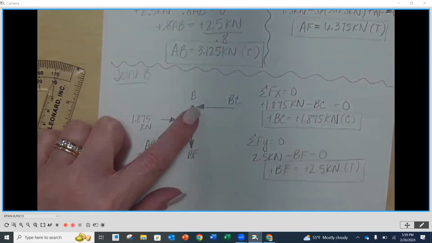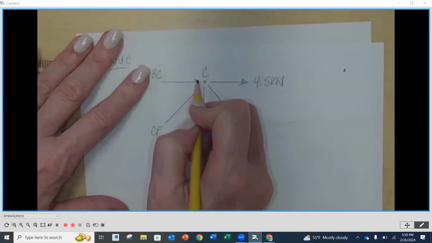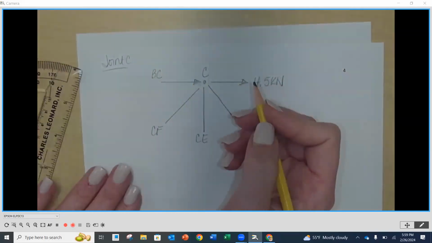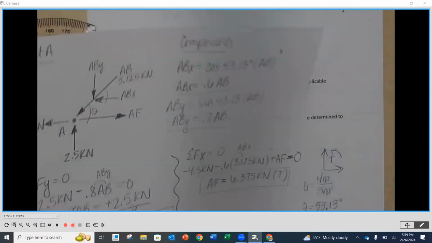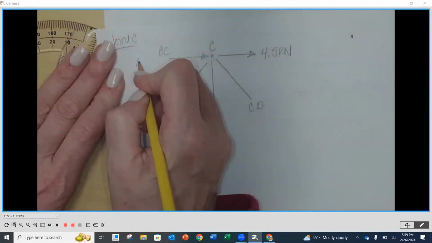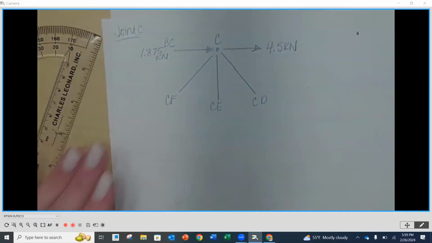Okay, compression. So since it's in compression on B, it has to be in compression on C. So that means I'm going to point to the right. And what was that number? 1.875. Okay. 1.875 kilonewtons going to the right, pointing on C in compression.